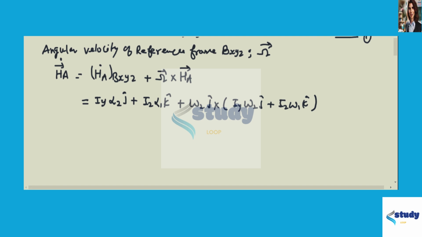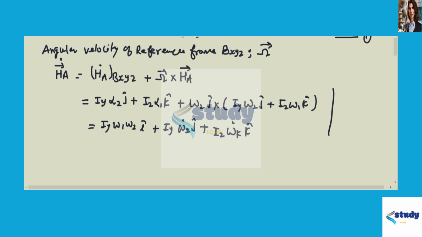So you will solve it, after solving it you will get I y omega 1 omega 2 i cap plus I y alpha 2 j cap plus I z omega dot 1 k cap.